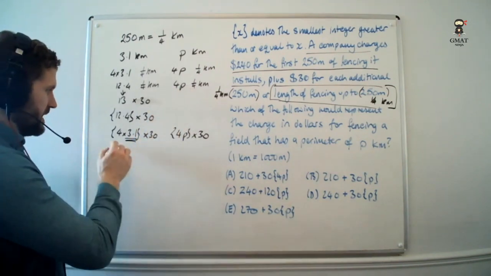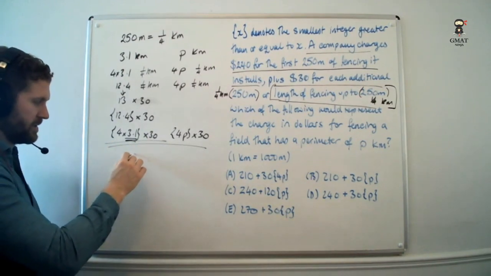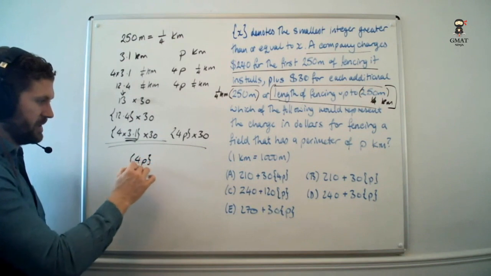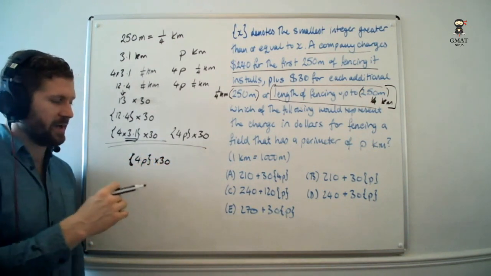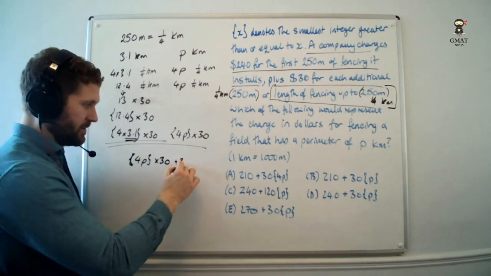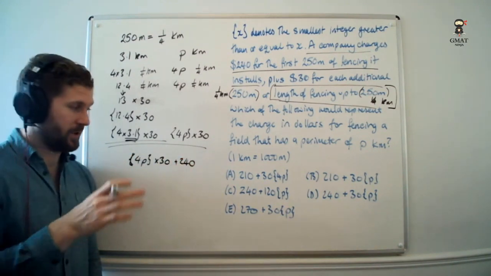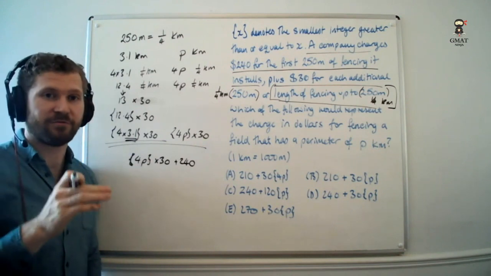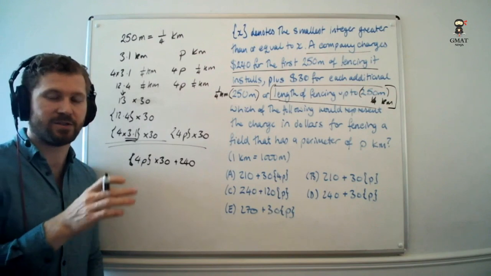So I'm going to get rid of the numbers for now. We're saying that it should be 4p in these strange brackets times 30, but I want to add on the 240 it cost me initially. My problem here is that I've counted that first 250 meters, that first quarter of a kilometer, twice.